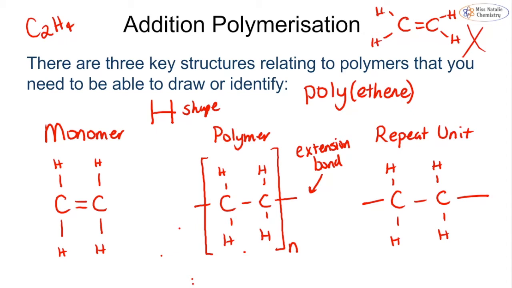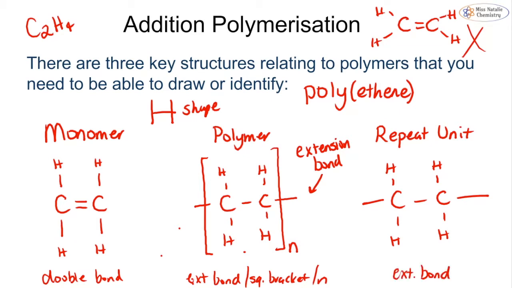So your monomer contains your double bond. Your polymer has got your extension bonds, your square bracket, and your N, and your repeat unit has got just your extension bonds with the single bond in the centre. But I kept everything in terms of my carbons and my hydrogens, or the groups that are attached, the same.